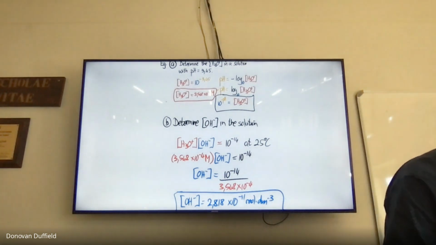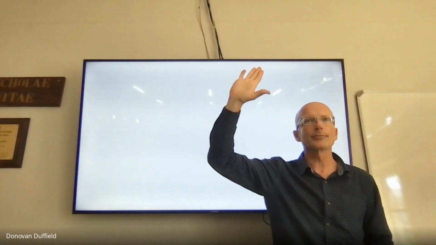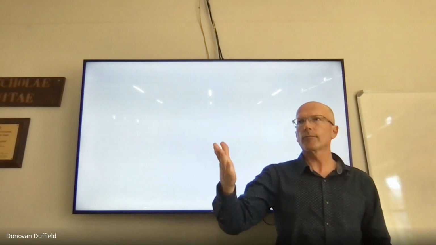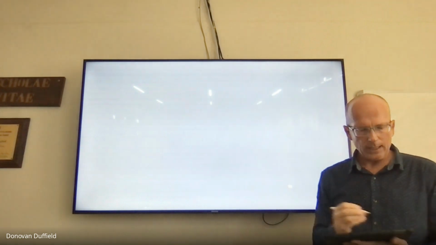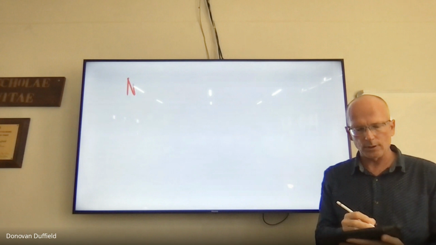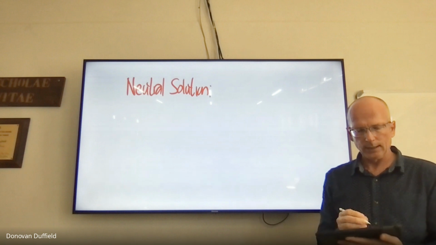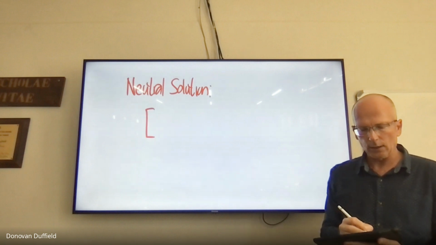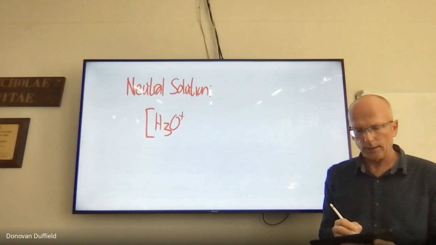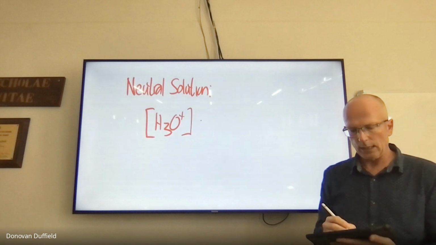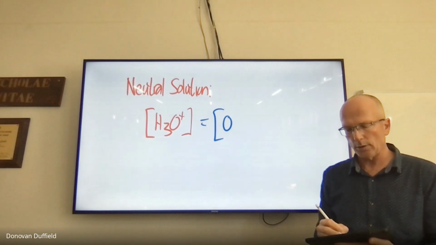Okay. All right. So, now I'm going into my super nerd mode. Can you please tell me what is the pH of a neutral solution? 7, eh? Watch this. If I have a neutral solution, would you agree with me that the concentration of the hydronium ions is equal to the hydroxide ions?